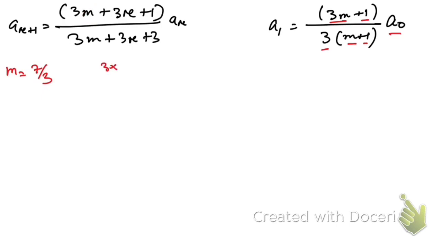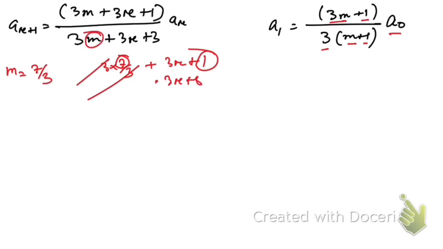Then 3 into 7 by 3, if you replace m, then this 3 is going to be cancelled, plus 3r plus 1, then 1 plus 7, that's going to be 8. We're going to have in the numerator 3r plus 8, right? And in the denominator, if you replace this m by 7 by 3, then this is going to be 3r plus 3.